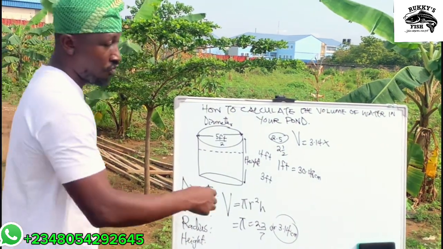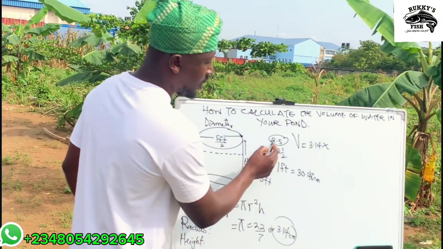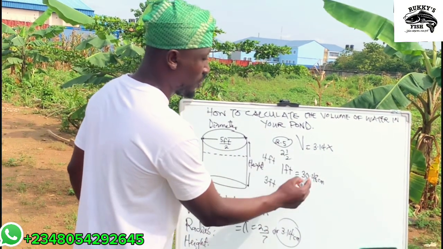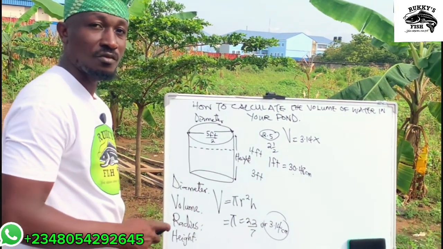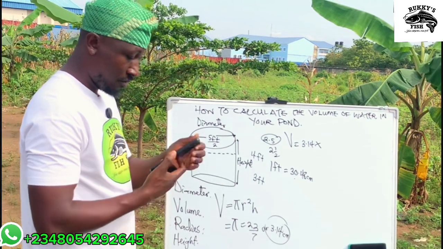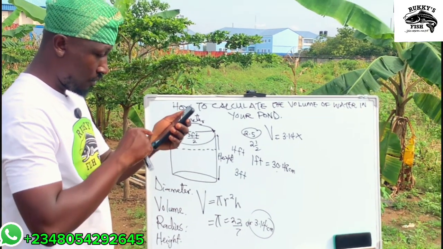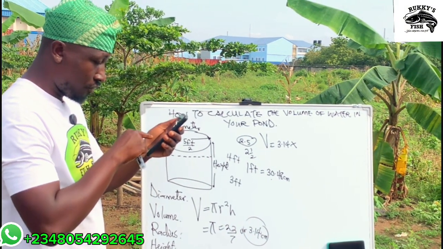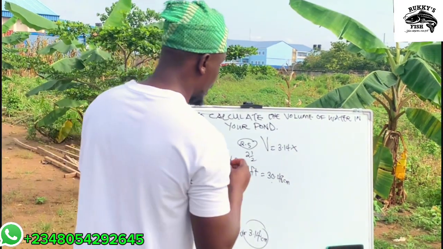So we have our radius as 2.5 multiplied by 30.48, which gives 76.2. So this is now in cm.